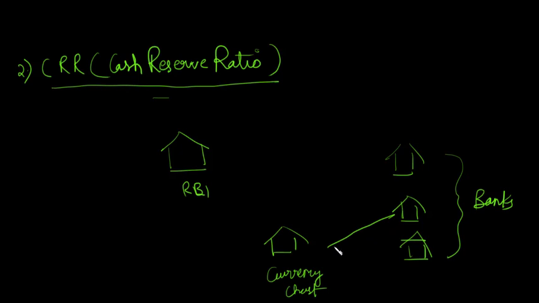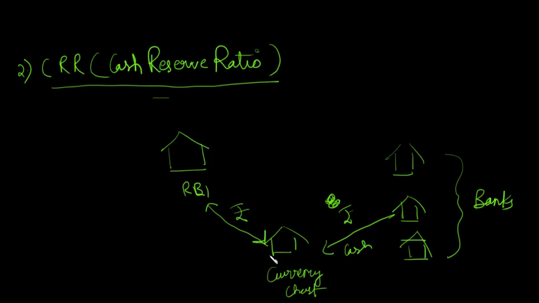Means they have to keep daily a certain amount of their daily deposits in cash with RBI, and this percentage is called cash reserve ratio. Means they have to keep a certain amount of deposit with the currency chest, and the currency chest will in turn provide it to the RBI.